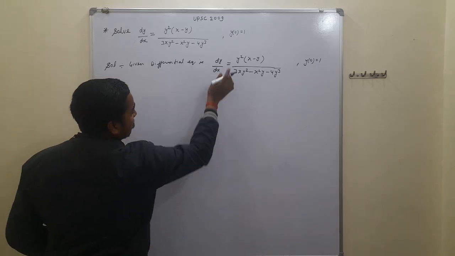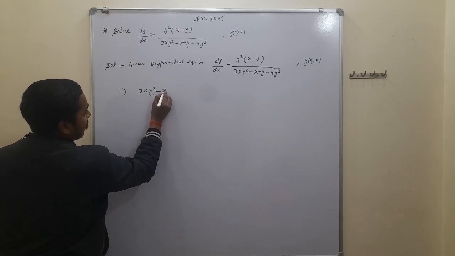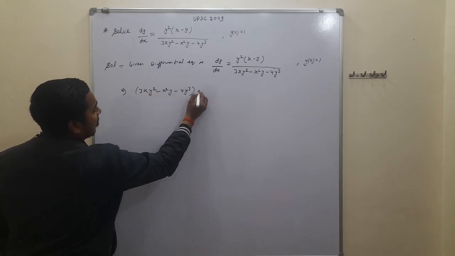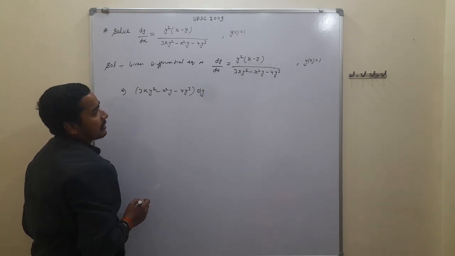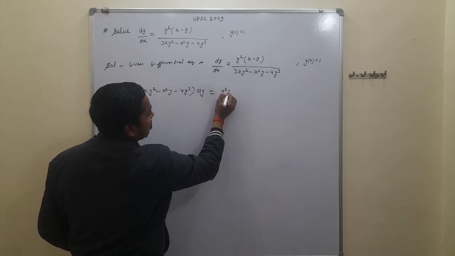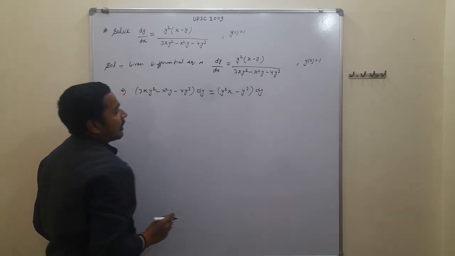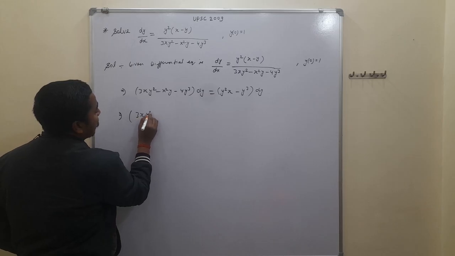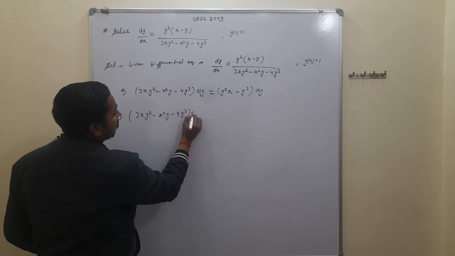We have to do cross multiplication. This gives (3xy² − x²y − 4y³) dy, and on the other side dx, cross multiplied with y²(x − y). We multiply with y²: this gives (y²x − y³) dy on the right side, and once again the left side is written as (3xy² − x²y − 4y³) dy.